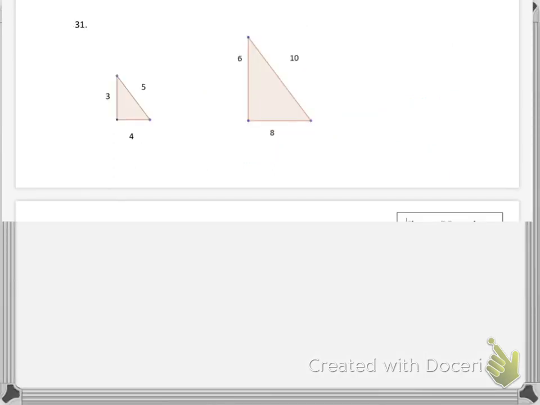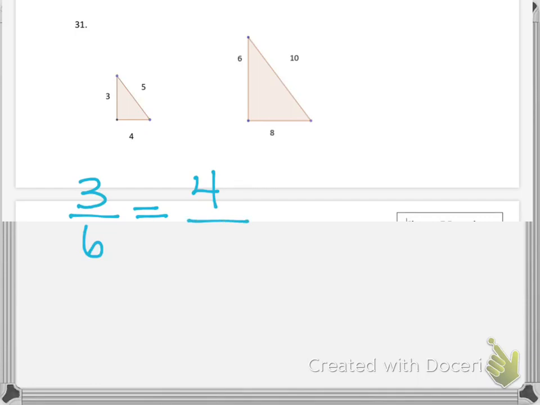So for question 31, I have no angles whatsoever. So in terms of figuring out whether I have similarity between the two triangles, what I'm going to do is set up proportions and see whether they will work. In the small triangle, the smallest side is 3. In the bigger triangle, the smaller side is 6. In the small triangle, the medium side is 4.